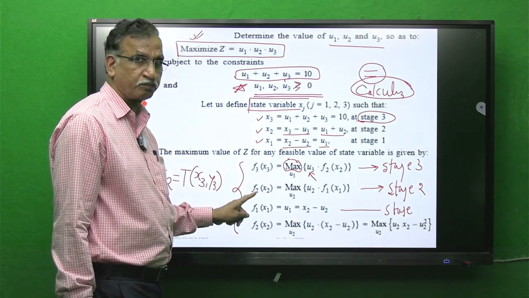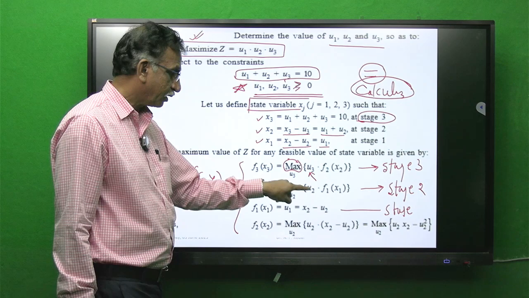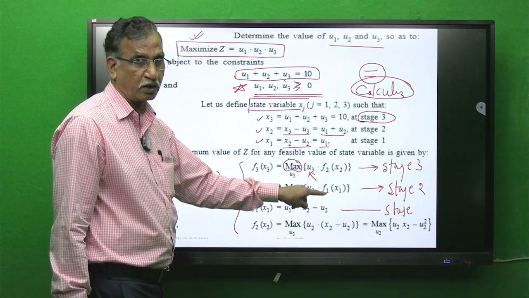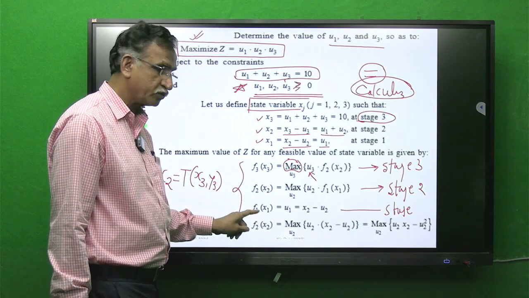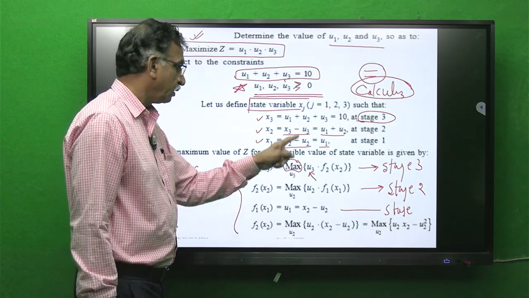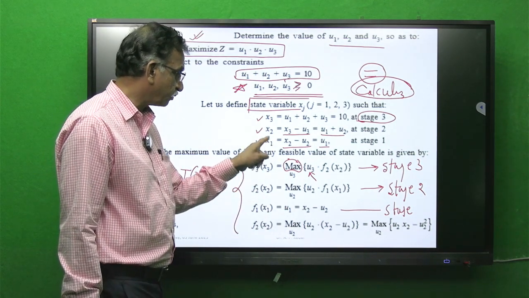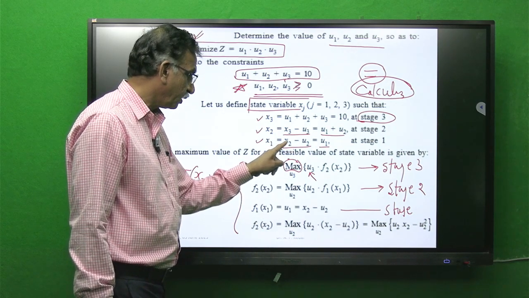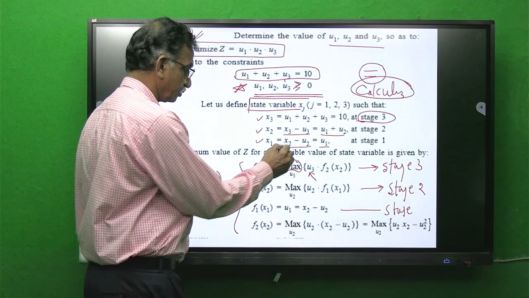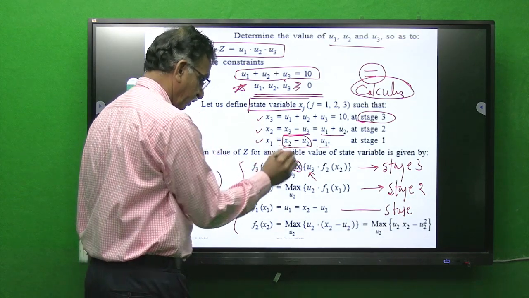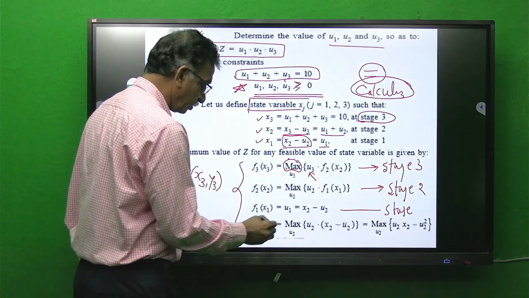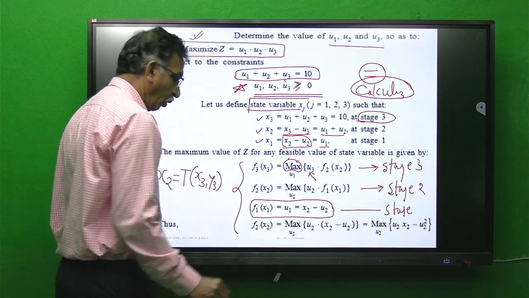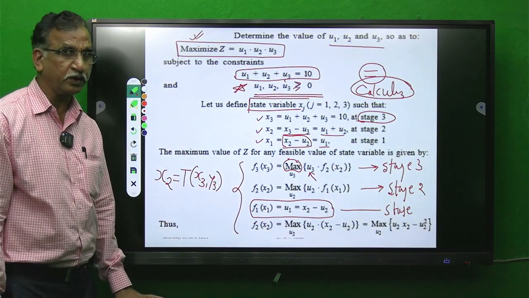So f2 of x2 is the maximum of the current stage u2 with the previous f1 of x1, and f1 of x1 is the first stage where the value of x1 is u1, and u1 is obtained as a result of x2 minus u2. So this is very important. So ultimately you immediately get this relation of f1 of x1 without doing anything.